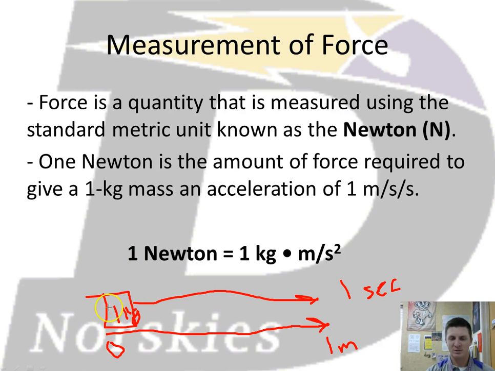The amount of force needed to push or pull that object from 0 to 1 meter in 1 second, we call that a Newton. So that pretty much explains how we get that measurement. Now, do you have to know the exact calculation of how to get a Newton? Yes, I'll show you that at the end of this presentation, but understand that's the definition of a Newton.